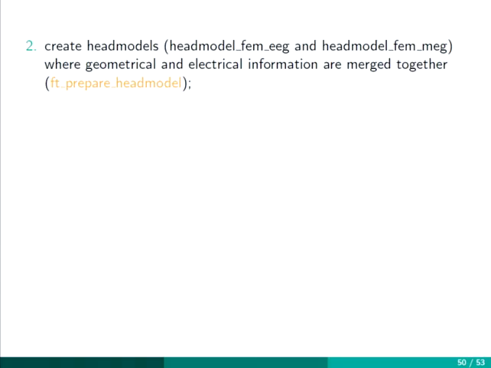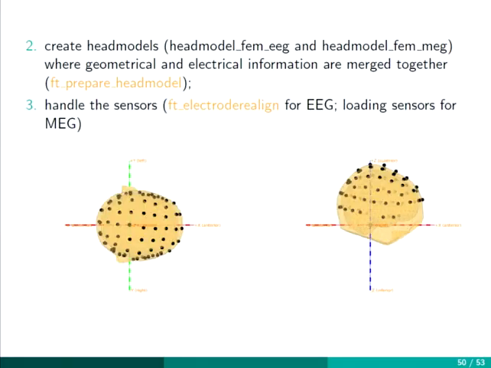So after that, we can create the head model. So there will be a head model FEM EEG, head model FEM MEG, where we add the conductivity information to the spatial information. And then we have to handle the sensors.